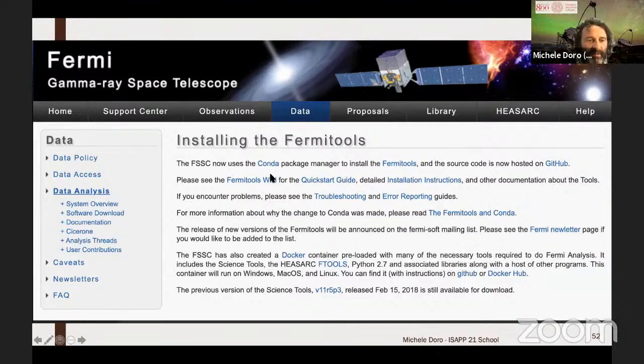So here's a link, for example. You can download the software, you have the documentation, you have a cicerone to explain what you have to do, and there are a lot of schools, and everything is really made easy. You have Docker, so you don't even have to install and make it that complicated. This effort from Fermi made available the possibility for everybody, really everybody, to analyze their data.